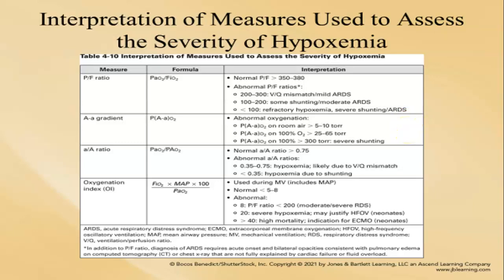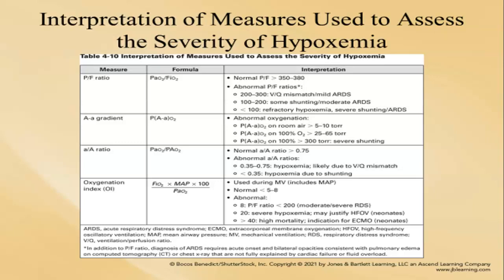So if you can just remember that normally it should be about the FiO2, you'll be okay. And look at the AA gradient on 100% of greater than 300, and that would be severe shunting, absolutely.